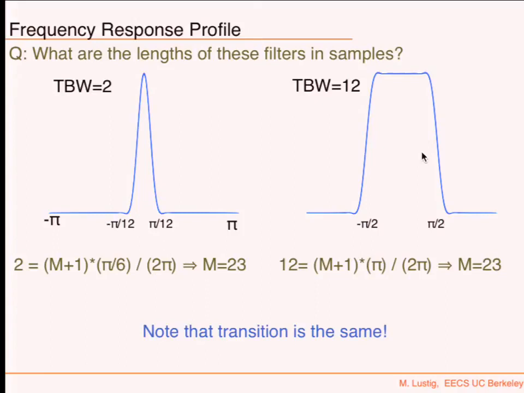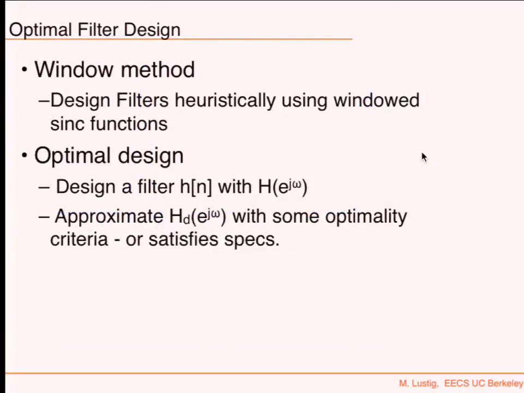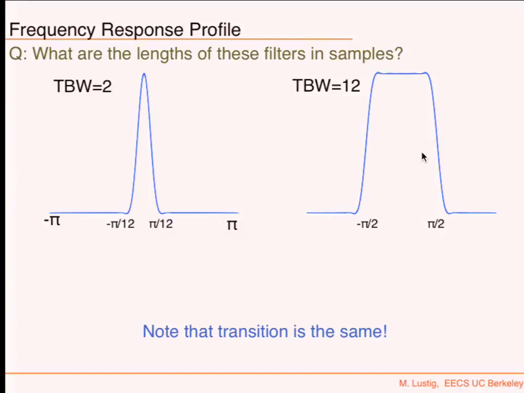Okay, any questions? Yeah. What's the unit of M? The unit of M is samples. Samples times frequency is unitless. I thought you have to compute time. Samples times frequency divided by 2 pi is unitless. What's the frequency?